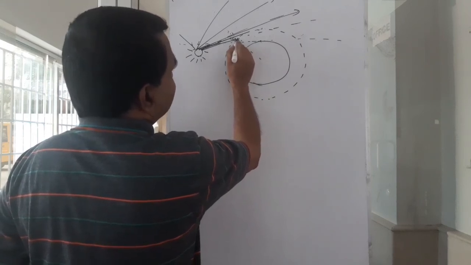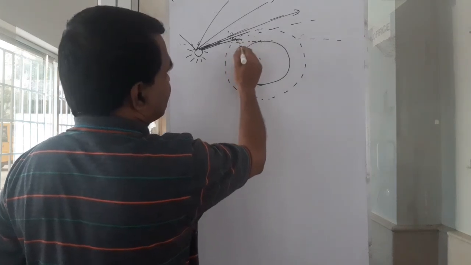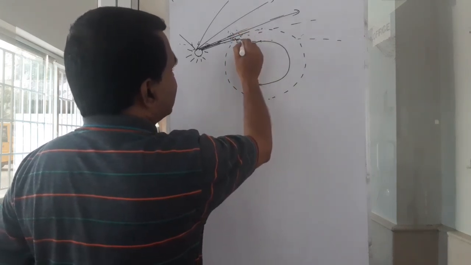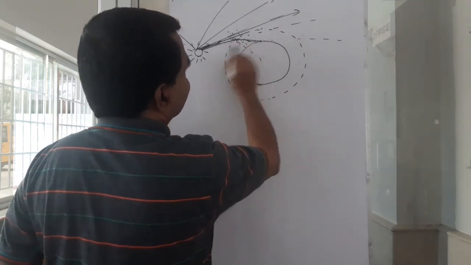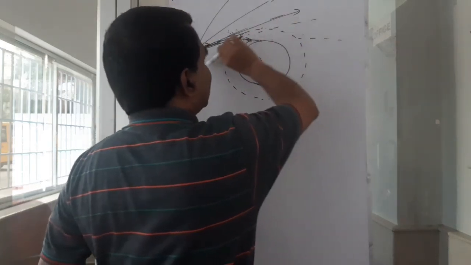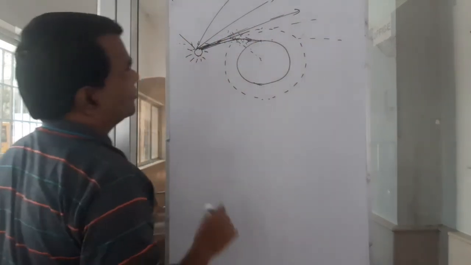So what will happen? It will bend towards the normal. Now it gets into the next layer. That also has a normal, like that. Now it will bend again towards the normal. And then finally it will bend and reach you. The ray that should have gone straight is now bending and reaching you.